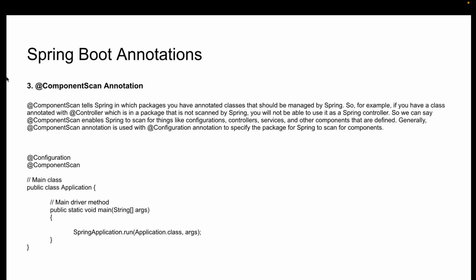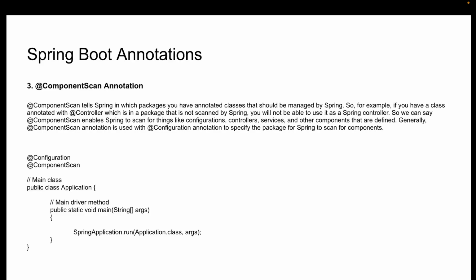Component scan is scanning your entire code base and seeing what class is what: which class is a repository, which class is a controller, and which class is a service. So component scan helps you identify or distinguish which class is of which type.